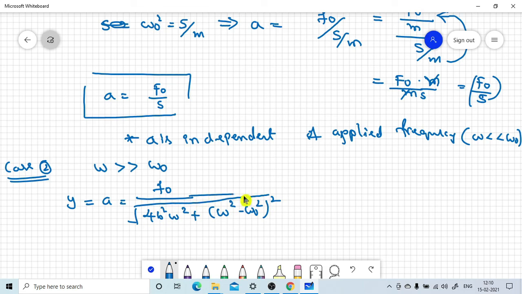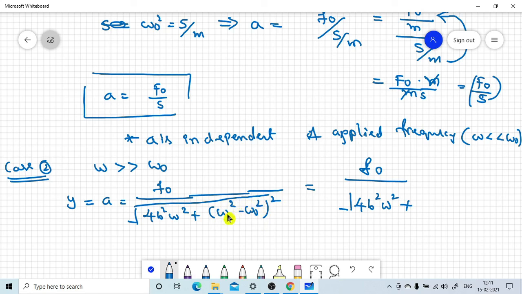This is the condition. The omega value is very big, but we have to concentrate on one thing here. When we compare omega and omega naught, omega naught can be neglected because of the square. First I will take f naught divided by the square root of 4b square omega square plus, and I can neglect omega naught because omega square is the larger value and omega naught is the smaller value.